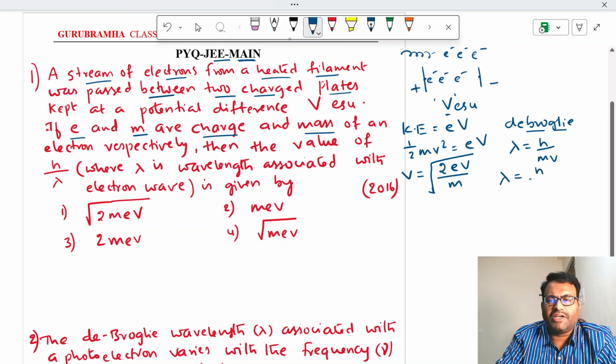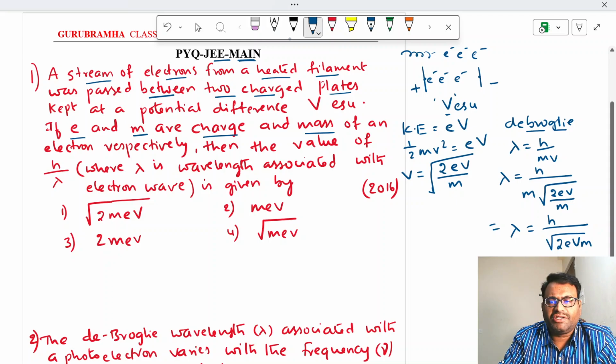Lambda is equal to h by m into root of 2eV by m. Then lambda is equal to h by root of 2eV into m.